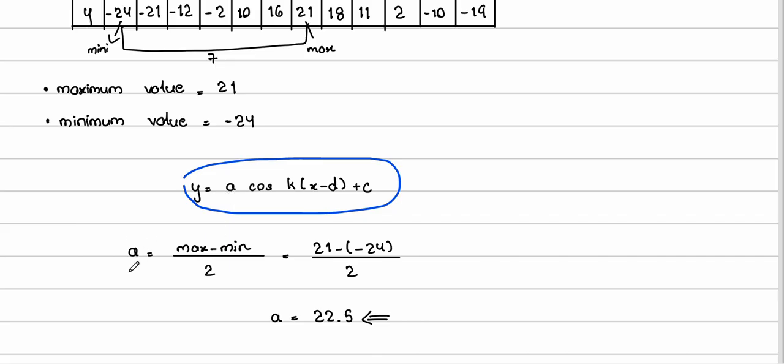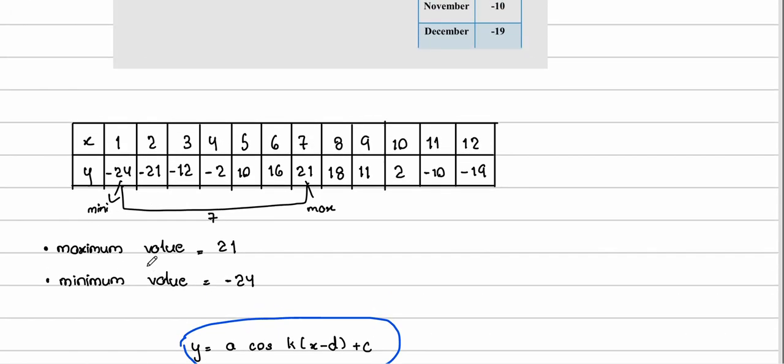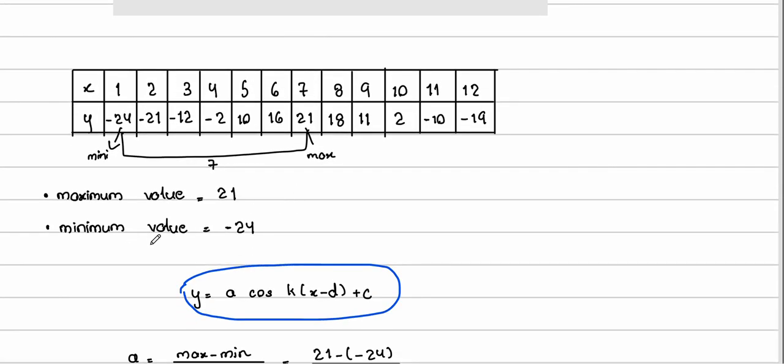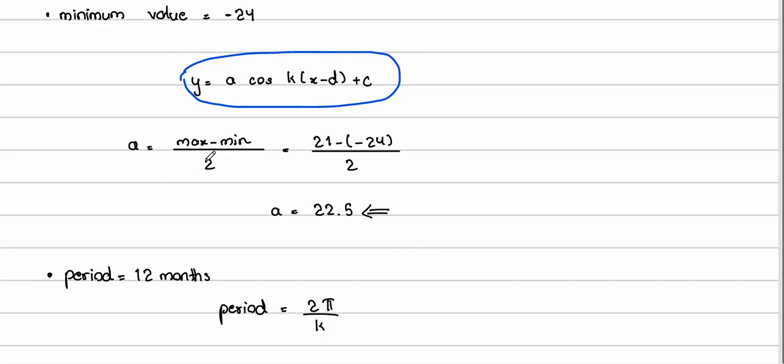To find the amplitude, we need to know the maximum and minimum values. The maximum value in the whole year is 21, which is in July, and the minimum value is in January. The equation for amplitude is maximum minus minimum divided by 2, so the answer for A is going to be 22.5.